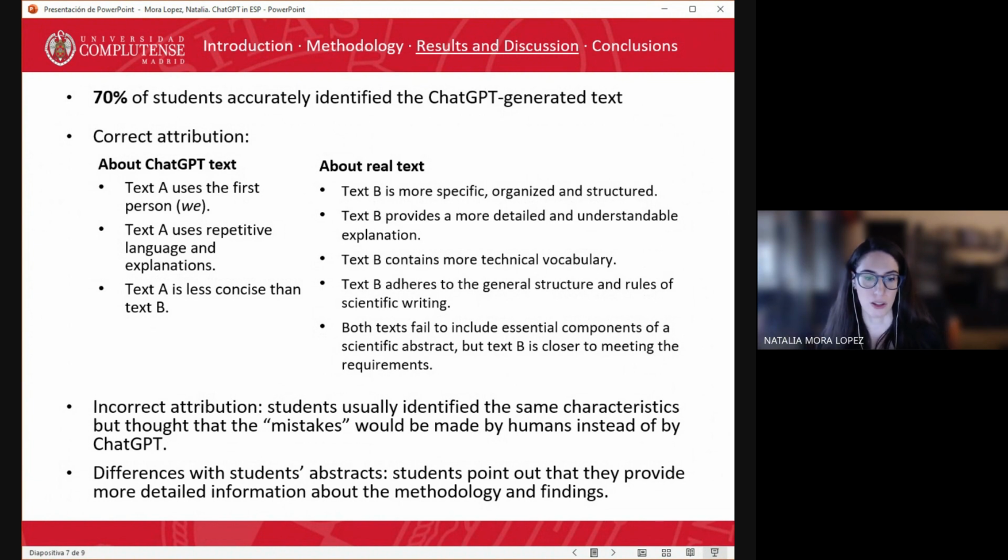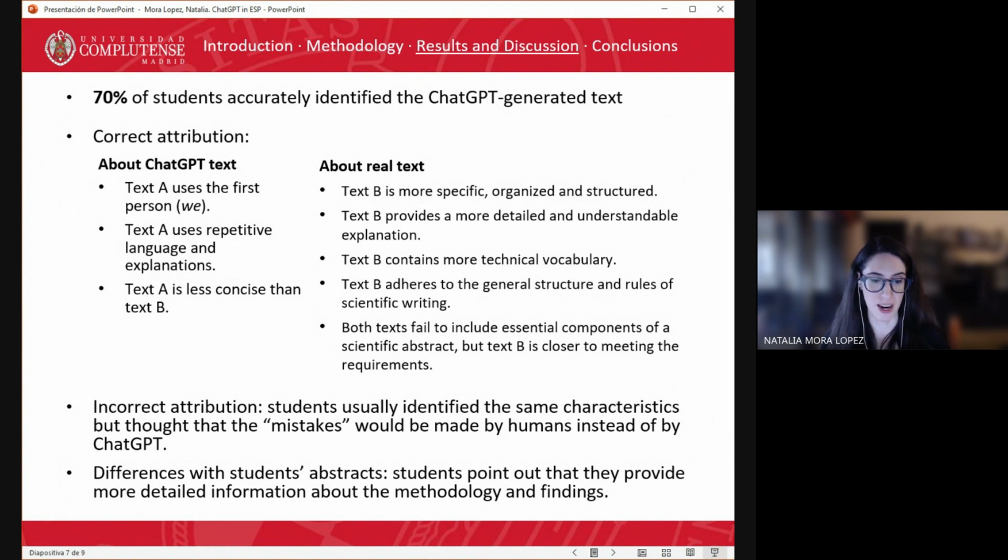So they thought that the one that was actually well written and was more specific was written by humans, and the one that was more general and may have more mistakes about structure or information to be covered would be written by ChatGPT.